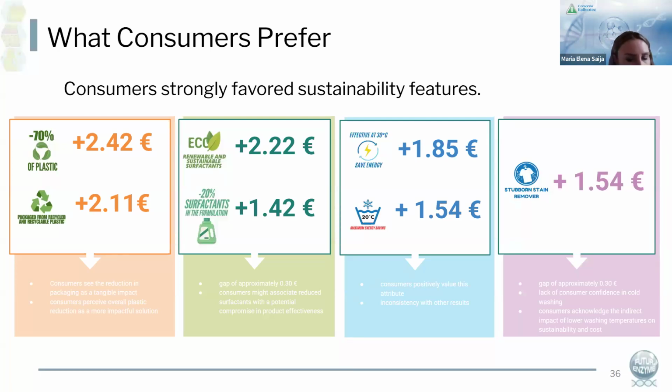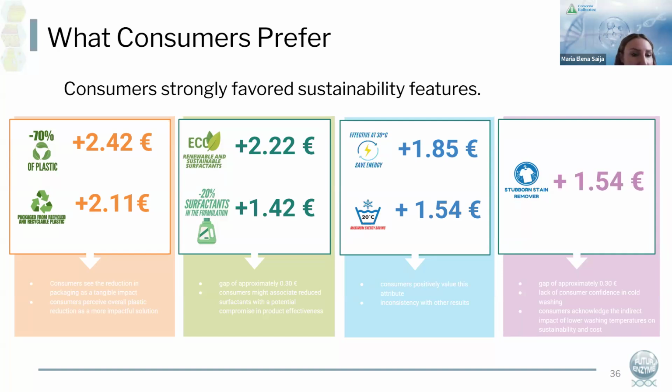So within the packaging category, a clear preference emerged for plastic reduction compared to the other one, which suggests that consumers perceive overall plastic reduction as a more impactful solution for environmental sustainability. And in general, consumers perceive the sustainability of packaging as a more impactful aspect relative to the other characteristics.